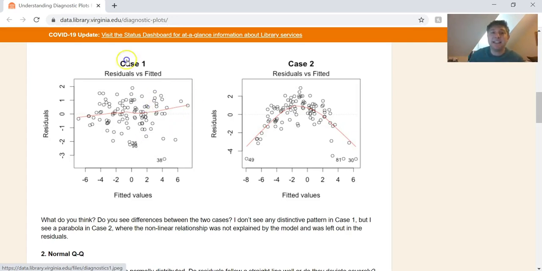This scatter plot might suggest that the linearity assumption has been met, while this scatter plot over here seems to suggest there's some nonlinear relationship that we're not accounting for in the model. See how the residuals tend to make a quadratic curve here? That suggests that one of our independent variables should maybe be modeled with a quadratic or squared term in the model.